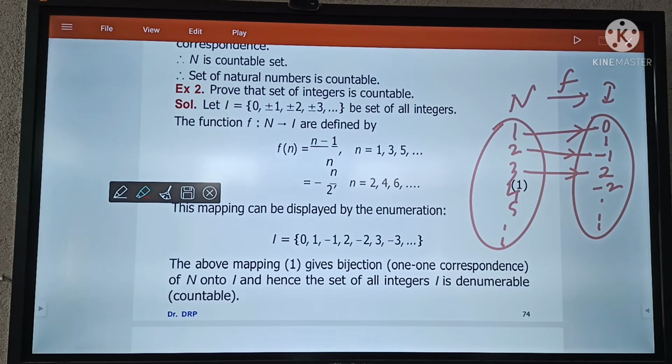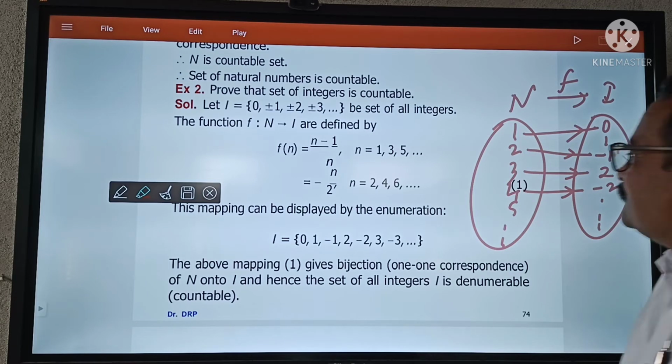So the function is defined. For n is 1 we get 0, for n is 2 we get minus 1, and for n is 4 we get minus 2.